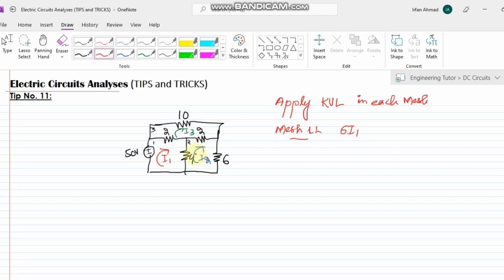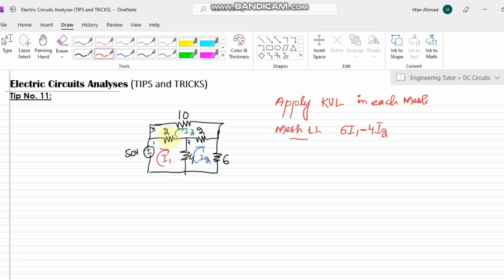Similarly, which resistor is shared between mesh number 1 and mesh number 2? That is the 4. You write a negative sign with that shared resistor, and then write the current of the mesh with which the resistor is shared.